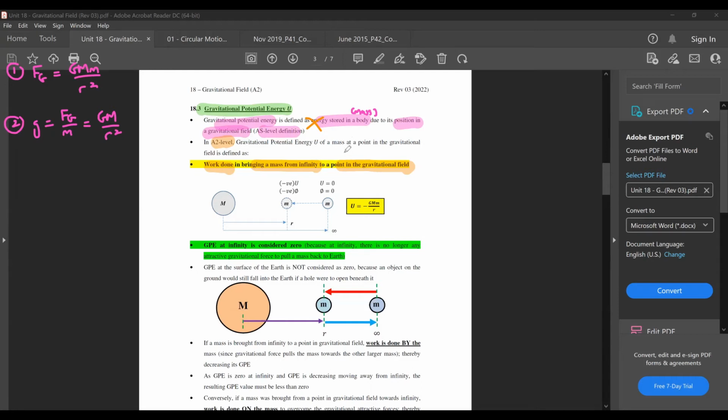Okay, so why do we say this? It comes from something like this concept.